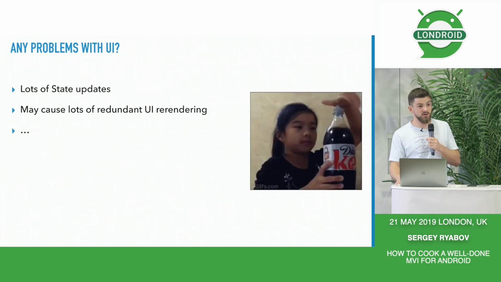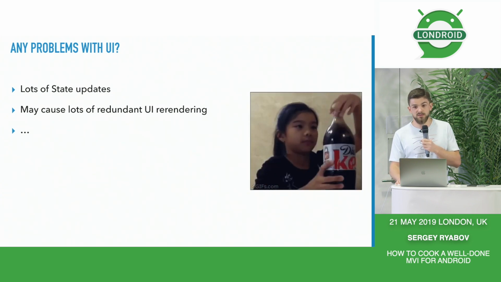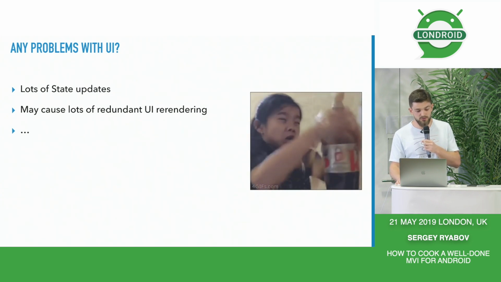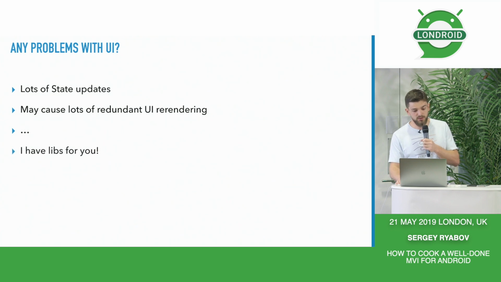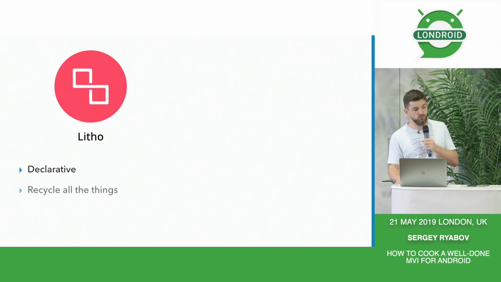For that, there are separate libraries to deal with this, so no need to write anything by yourself. One of them is Litho from Facebook. It's a declarative UI framework for constructing your UIs. The nice part is that it performs recycling for everything.